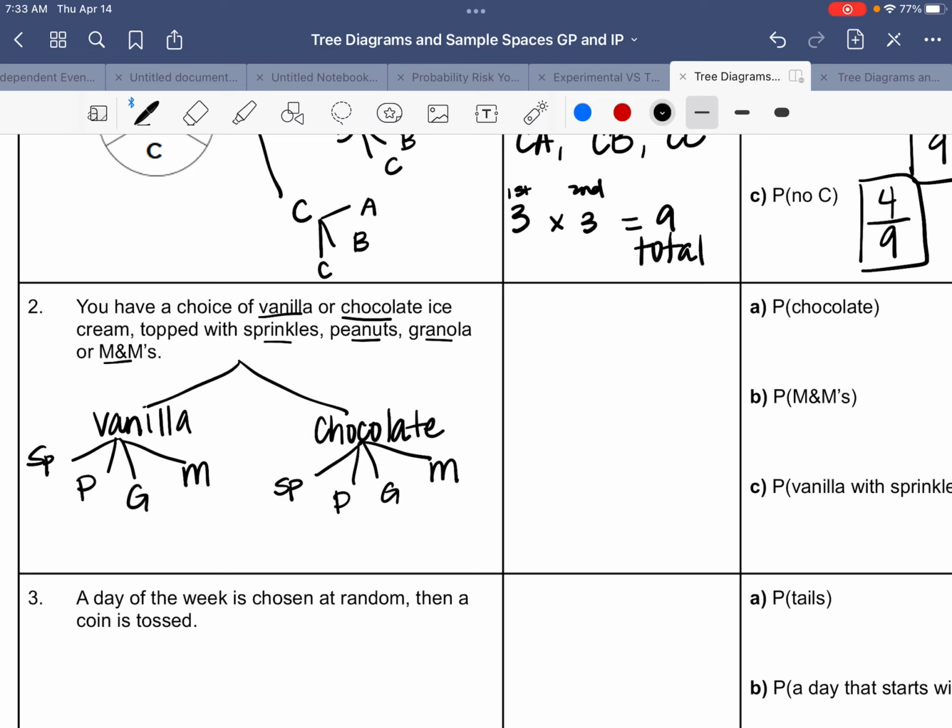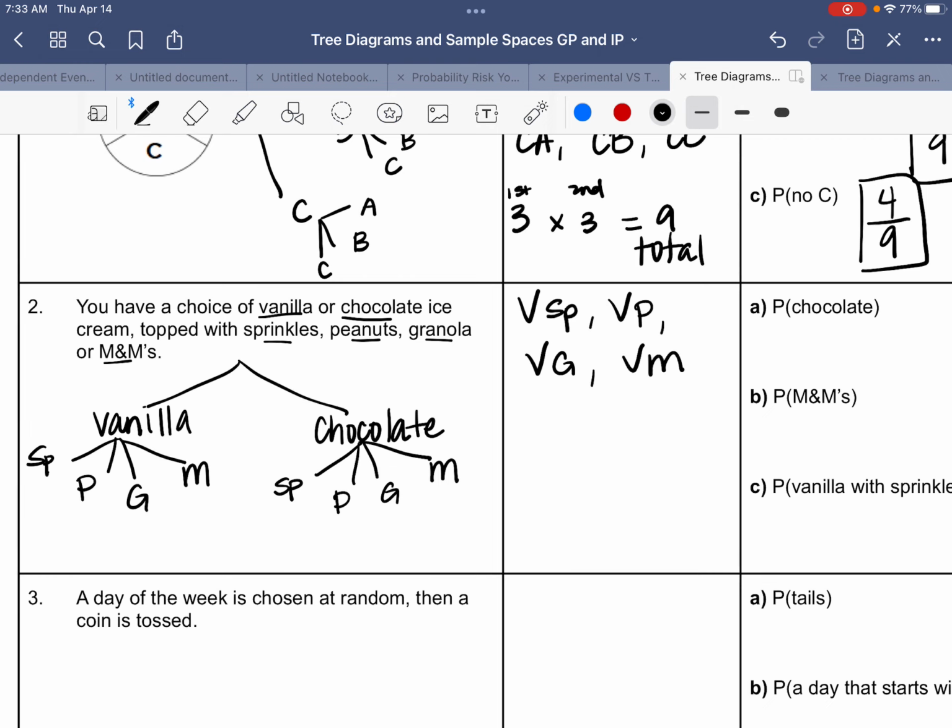So from here, I'm going to list out the sample space, a list of all of my possible outcomes. I could have gotten vanilla with sprinkles, vanilla with peanuts, vanilla with granola, or vanilla with M&Ms.